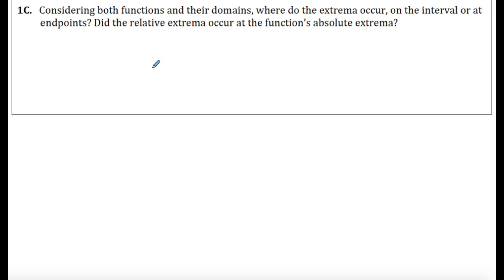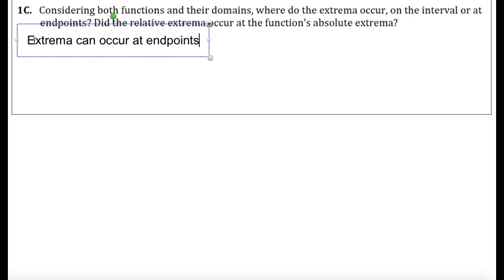So what we can say is that extrema, okay, if we think about all the graphs we've looked at, so I'm going to type this in here. So we can say extrema can occur at endpoints or on the intervals, right? We've looked at examples of both of those things happening.